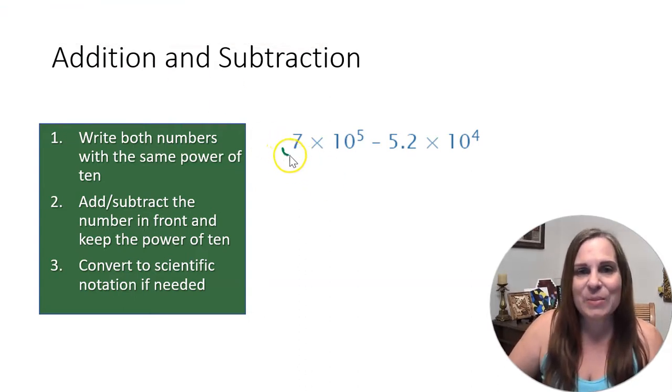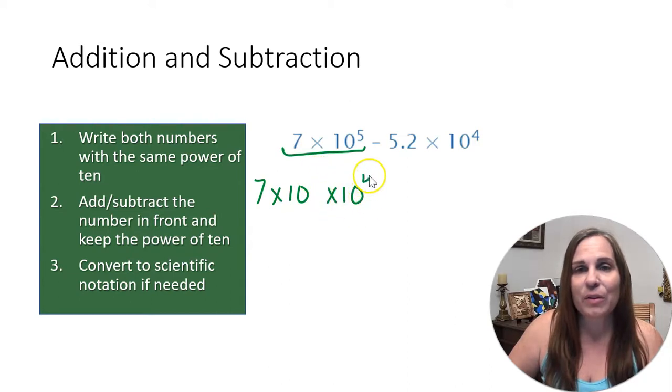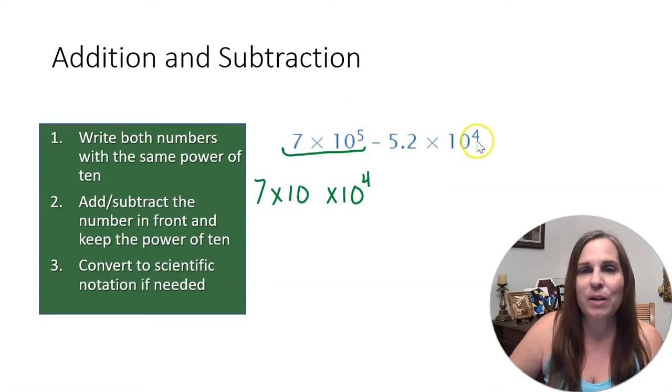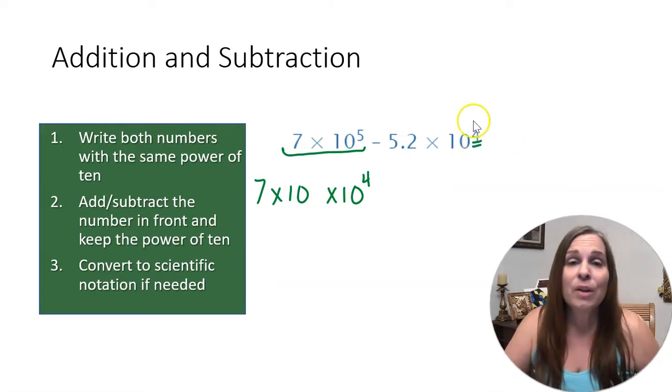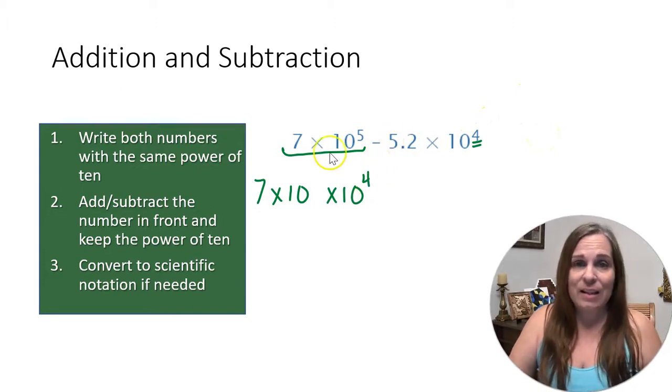I'm going to take this one and I'm going to rewrite it as 7 times 10 to the something times 10 to the fourth, right? Because I know that I want one of the powers of 10 to be 10 to the fourth.